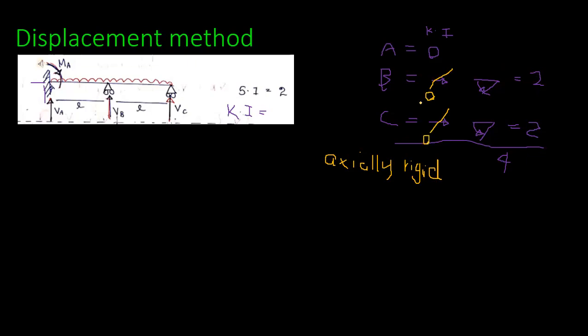So that is negligible. So this becomes 1, this becomes 1, and your kinematic indeterminacy becomes 2. Similar to the statical indeterminacy, right? So that means we need to determine these two displacements.